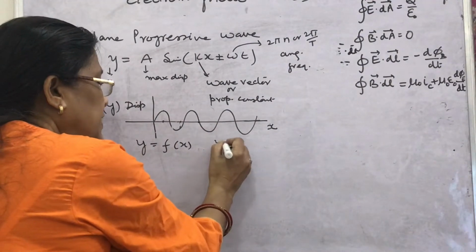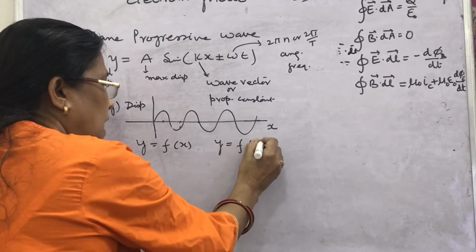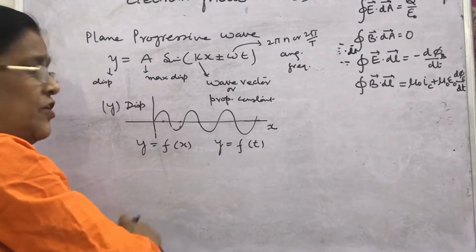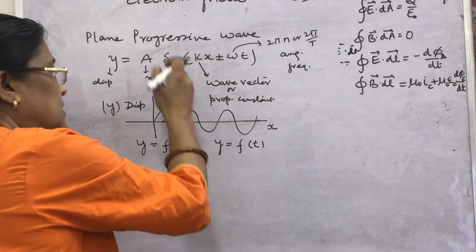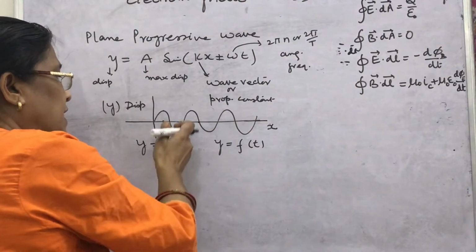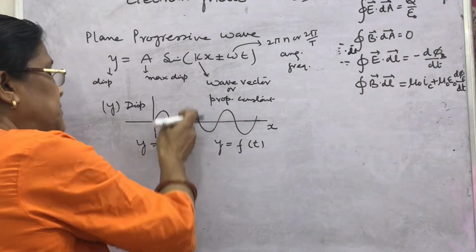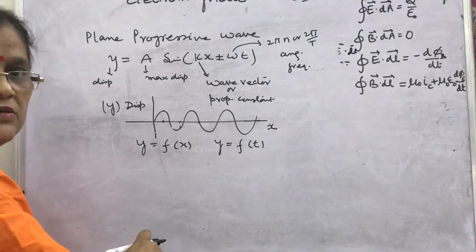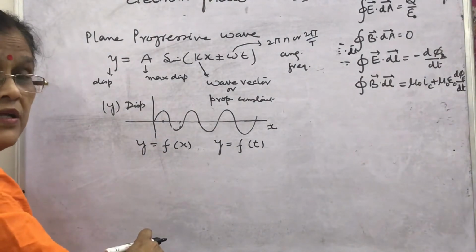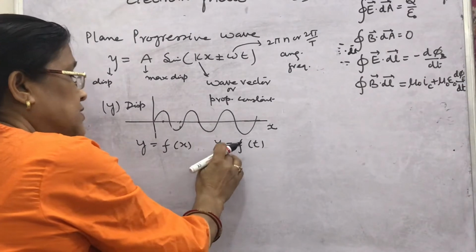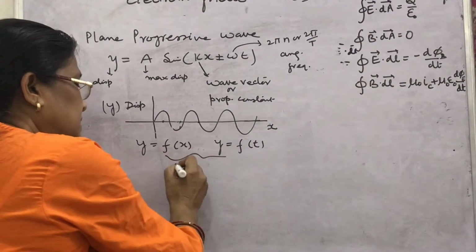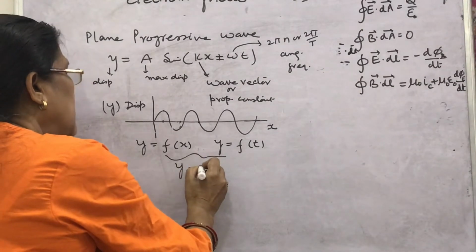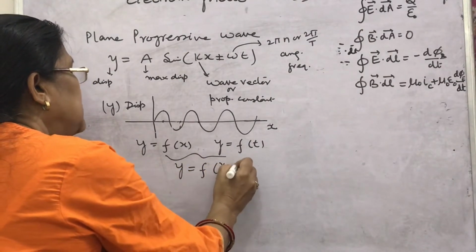Similarly, y depends on time also. At different times, if you watch the wave in progress, the displacement of the particle is different. That is why combinedly we say that y is a function of position and time.